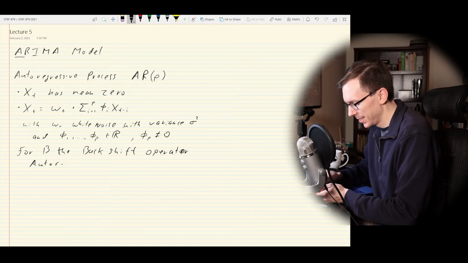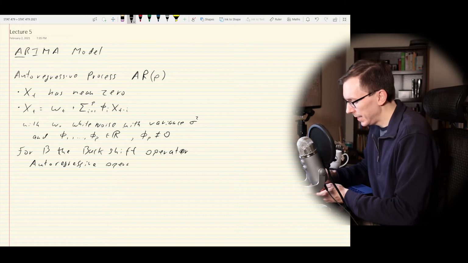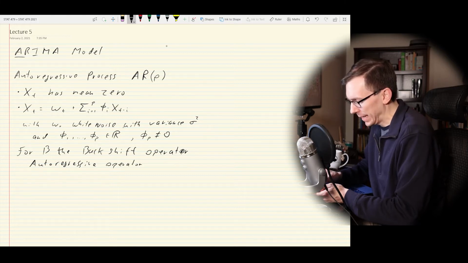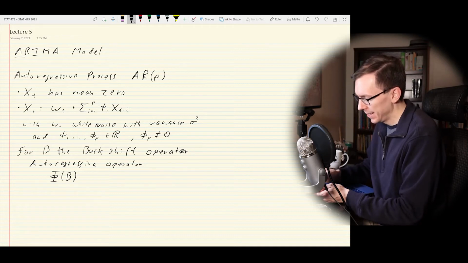The autoregressive operator is going to be capital phi of B. And the point is that we're going to apply that as an operator.